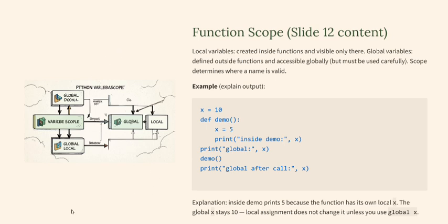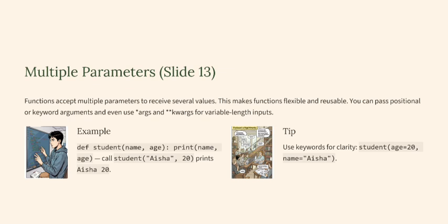Functions can accept multiple parameters. This means a function can receive more than one value. For example, here you can see def student, name comma age. Here the function accepts two parameters.